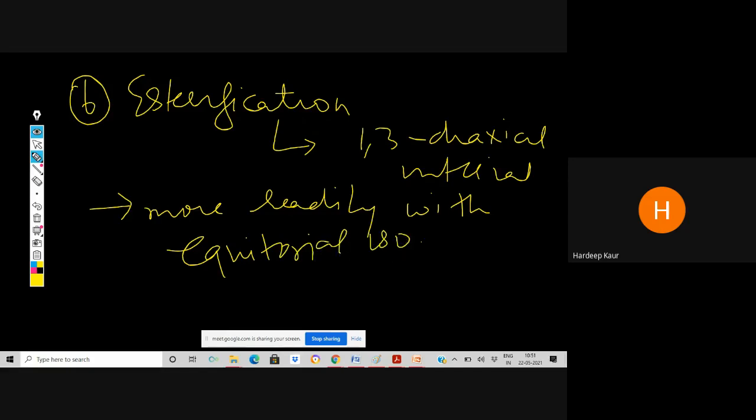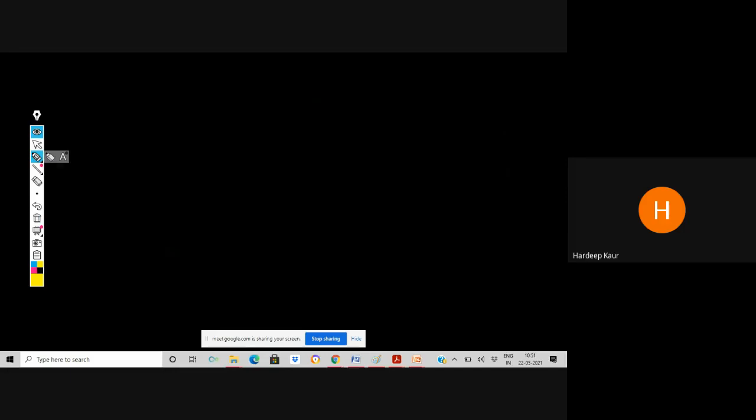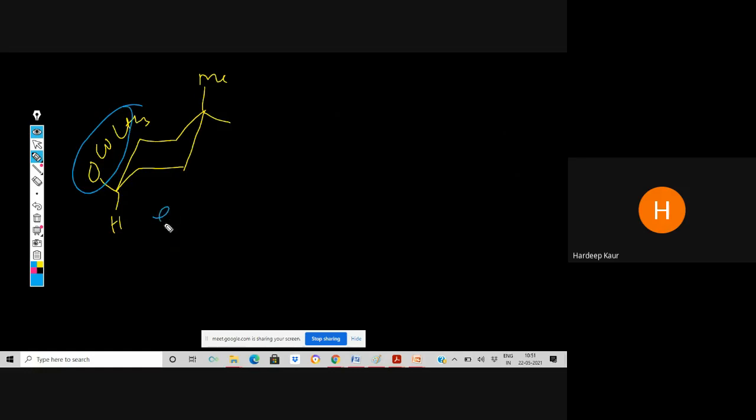So here one example is given, and that is of cholesterol acetate. So cholesterol acetate basically it is like this. OCOCH3 a bond, the hydrolysis, and here we are having methyl group. So it is having this acetyl group equatorial.